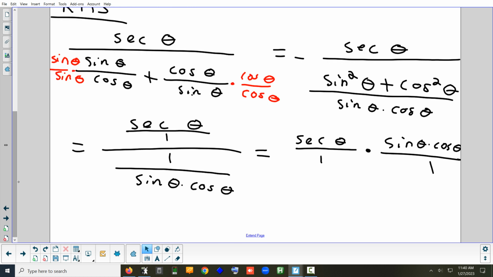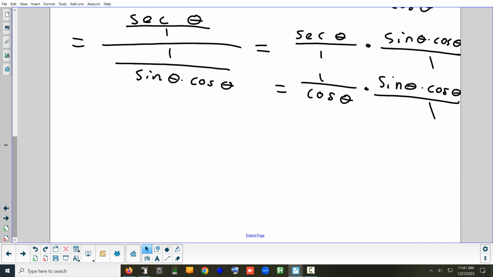So what does secant turn into? It turns into 1 over cosine, times sine times cosine over 1. So what cancels out there?